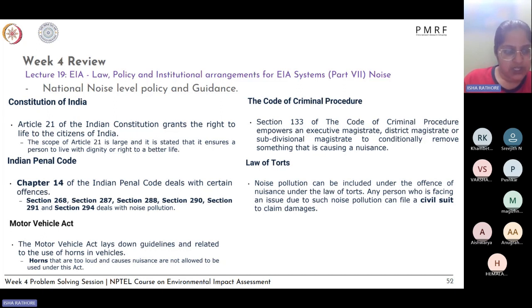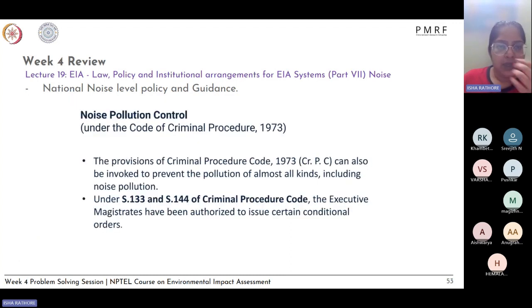We also have the Motor Vehicles Act, which has guidelines related to the use of horns in vehicles. Horns that are too loud and can cause nuisance are not allowed under this act. Section 133 of the Code of Criminal Procedure gives the authority to remove something that is causing nuisance. So all of these noise level laws and policies exist in India as well.